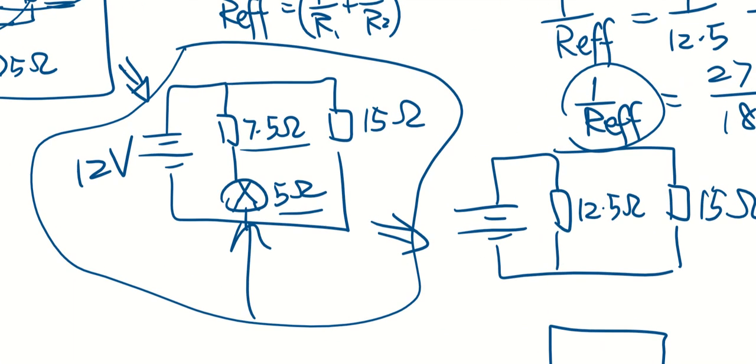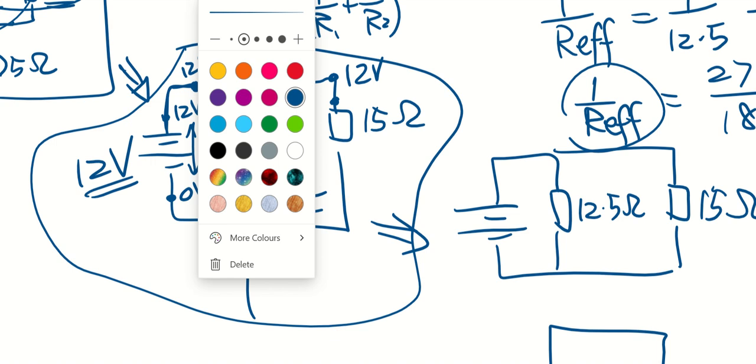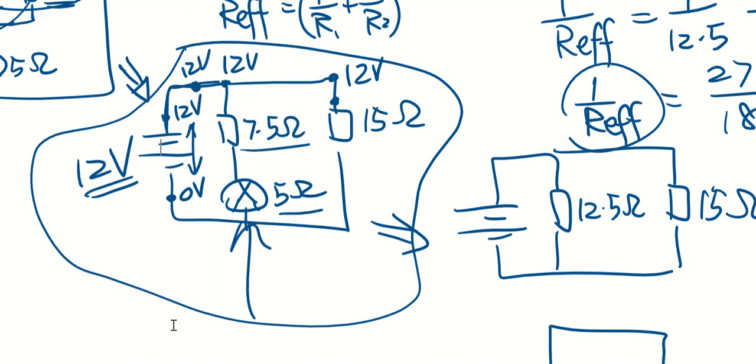Just now I mentioned the idea of potential, right? So over here, this is 12 volts. The potential is 12. Over here, the potential is 0 volts. That means I have a potential difference of 12 across the battery. Now if this is a potential of 12 volts, I'm telling you this will also be 12 volts. This will also have potential of 12 volts. This will also be potential of 12 volts. So basically this whole line has a potential of 12.